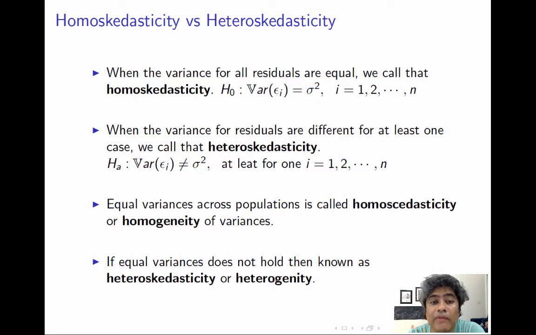So equal variances across the population is called homoskedasticity, or homogeneity of variances. If equal variances do not hold, then it is known as heteroskedasticity, or heterogeneity, across the population under study.